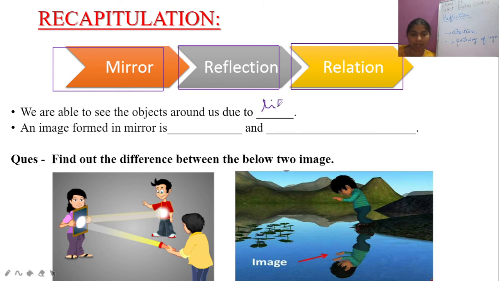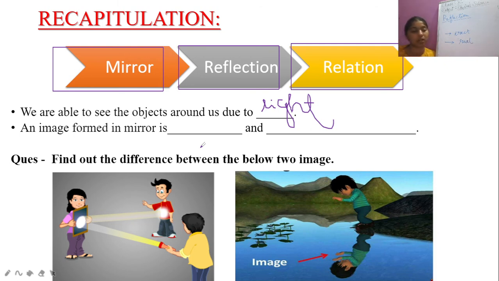If we don't have light, we are not able to see. Okay, the image which is formed by the mirror should be erect and real. So these are the two points related to it.